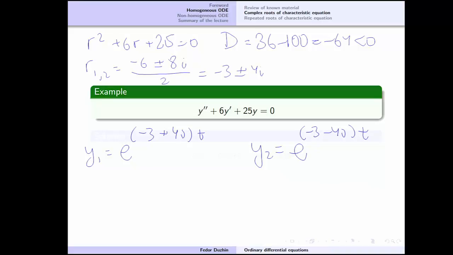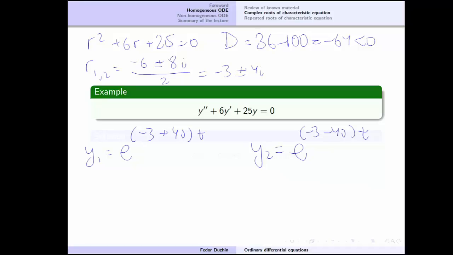So now we are going to do a very clever trick. We are going to think how we can combine them, how we can construct a linear combination of these two solutions that is free of this problem, that is a real valued solution.